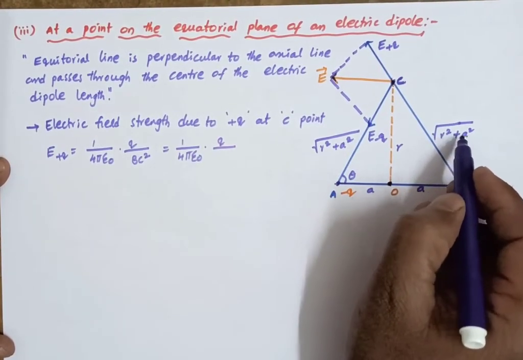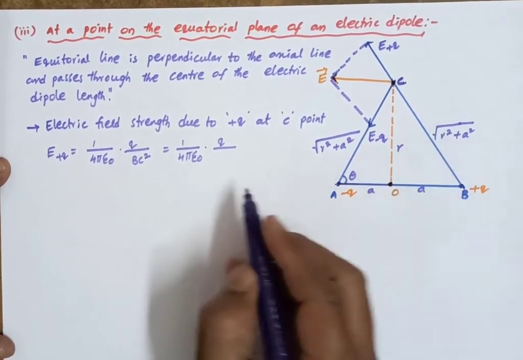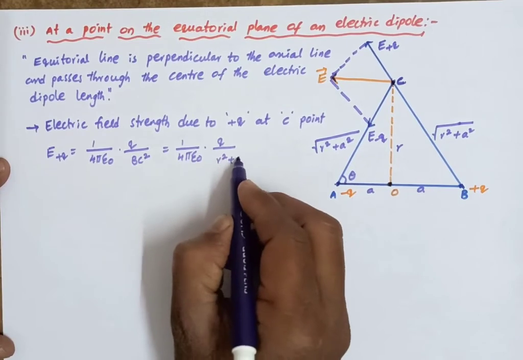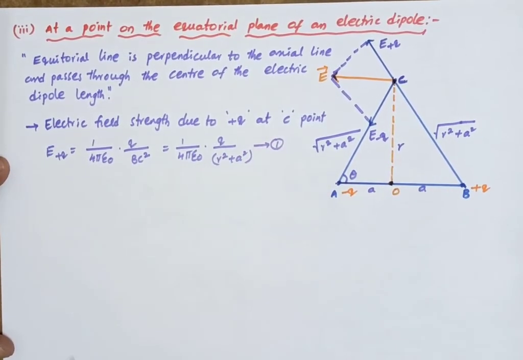This equals 1 by 4 pi epsilon naught into q by the square root of r square plus a square, whole square. The square root cancels, so it is r square plus a square. This is equation number 1.